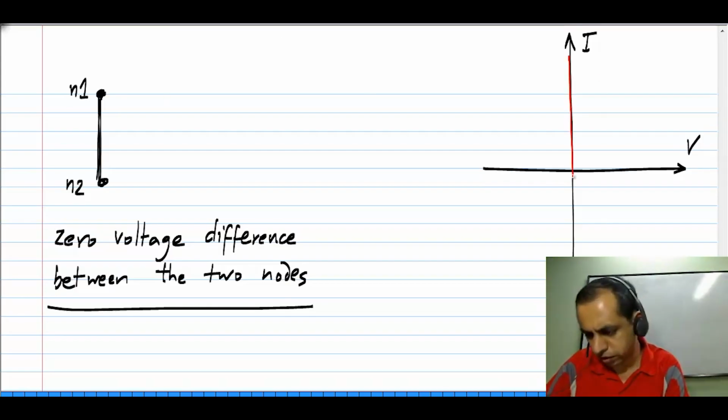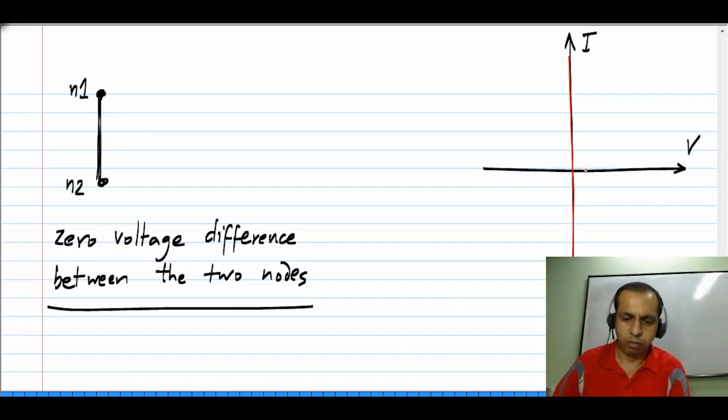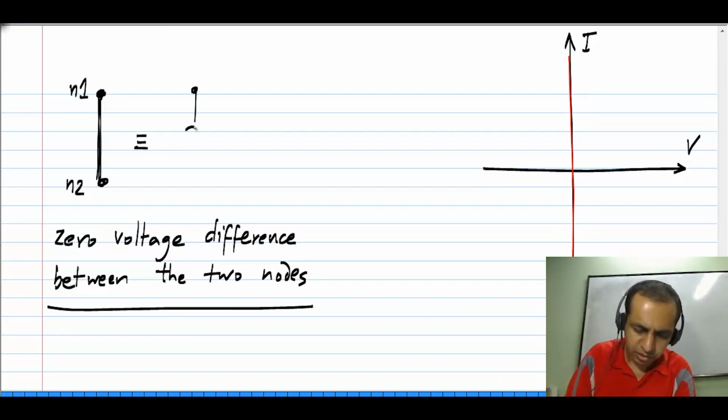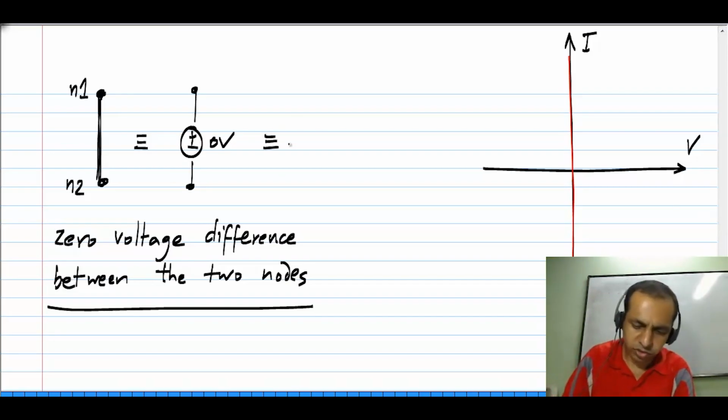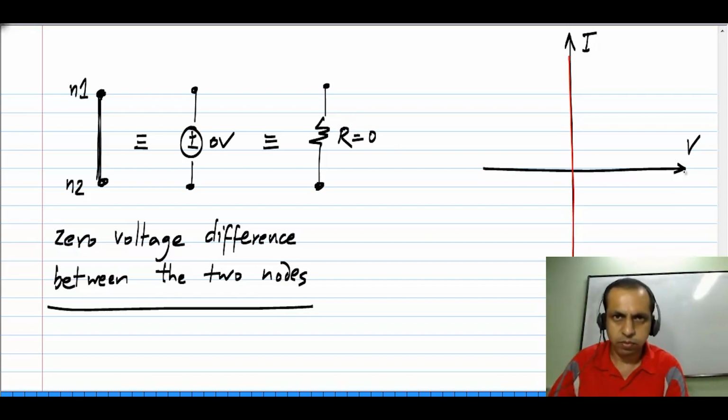So the characteristic looks like this. It's a vertical line passing through the origin. Now from this it's obvious that this can be represented as a voltage source of value 0, which is also equivalent to a resistance of value 0.